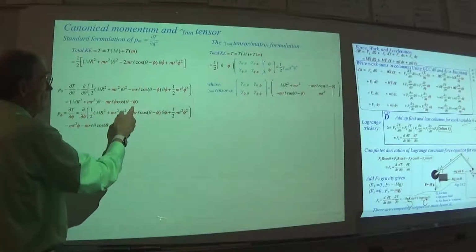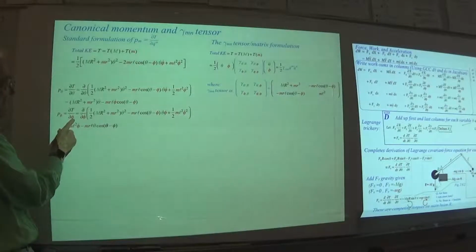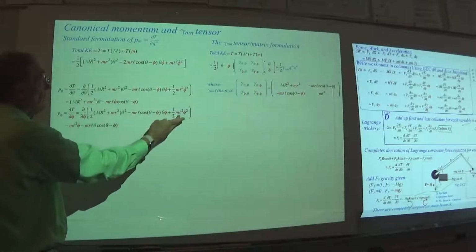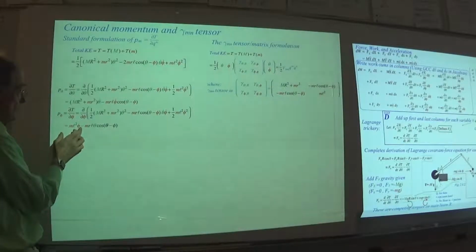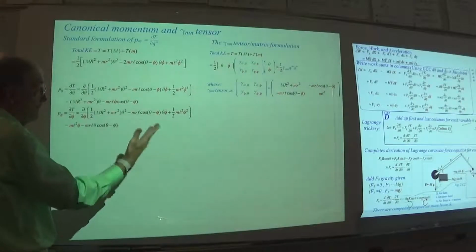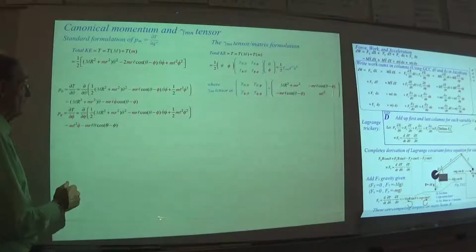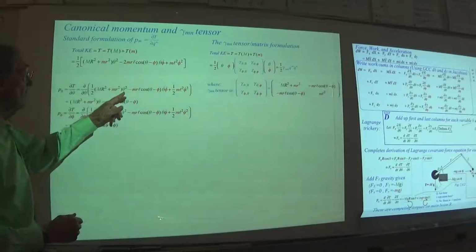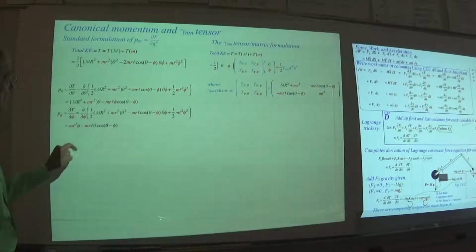That doesn't show up with anything until we have to take a partial derivative with respect to phi dot, and then that one comes out giving us this term right here. So they both have one of these things. That's a cross-metric term, that's this coefficient, and one of them has a theta dot squared and the other one has phi dot squared in there. This one involves two masses, this one involves one.